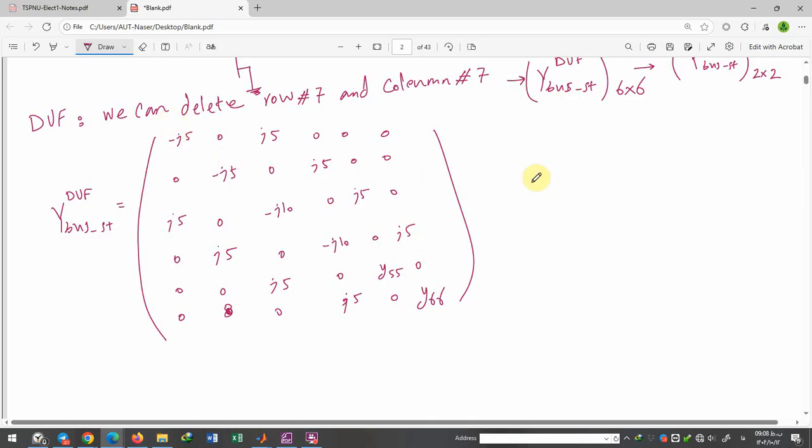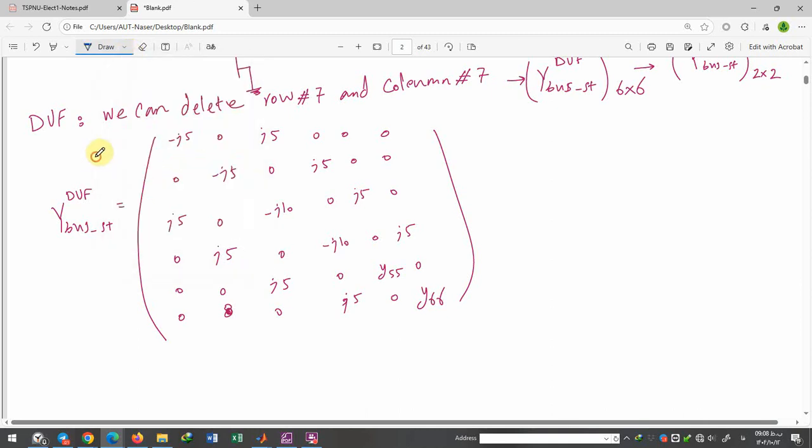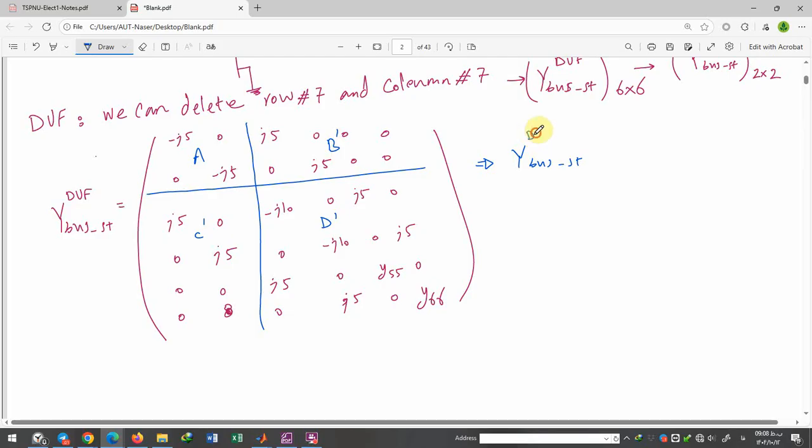After that, in reduction, we have to use this division and find submatrices. It is A, B prime, C prime, D prime. And so for Y bus stability during fault reduction, we use the submatrix.